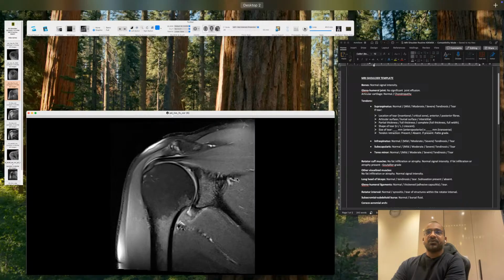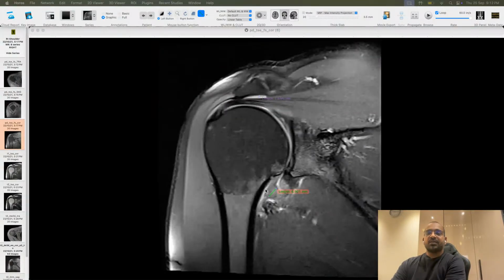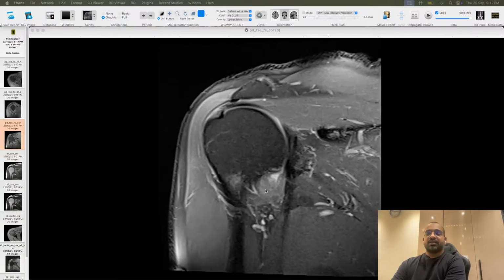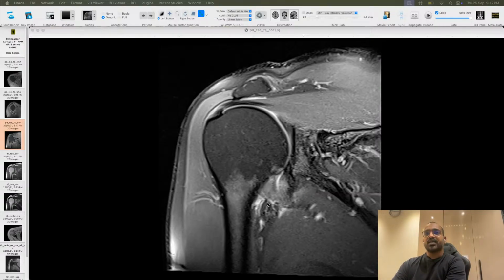Thickened capsule around the inferior labrum, yes. Thickened inferior glenohumeral ligament, that is also correct. The axillary pouch or inferior glenohumeral ligament is thickened and shows hyperintense signal. Minimal fluid signal is noted surrounding this.